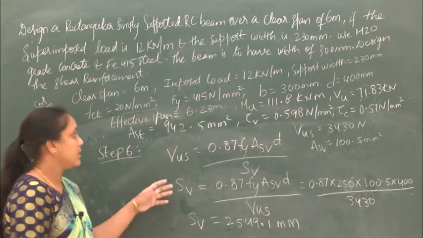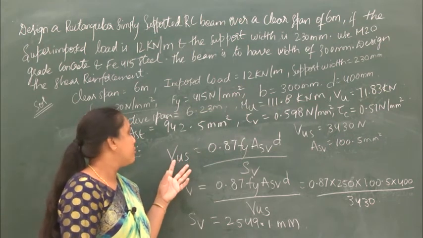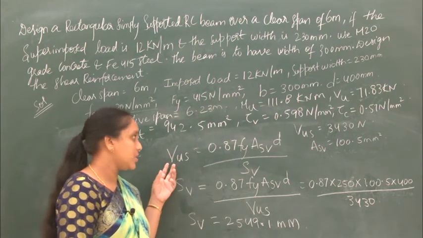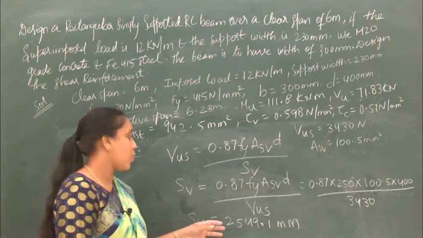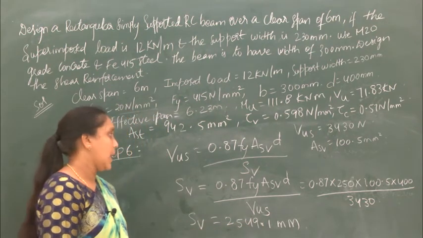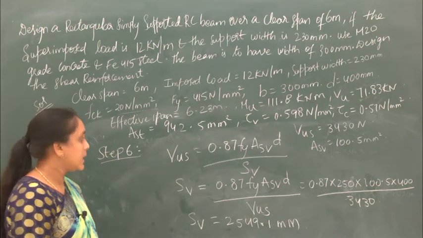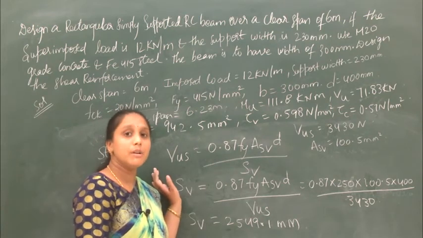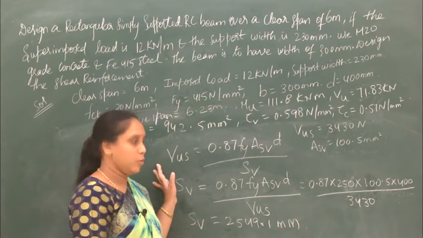So for this shear force which has to be resisted by the shear reinforcement, the spacing what we have got is 2549.1 mm. Now let us calculate the spacing from minimum shear reinforcement.